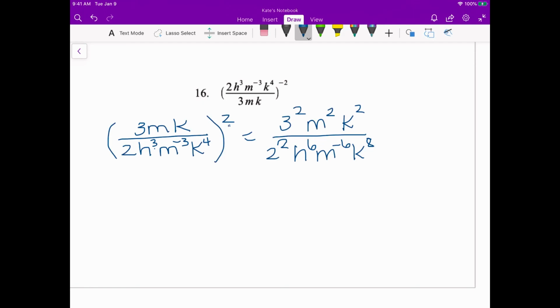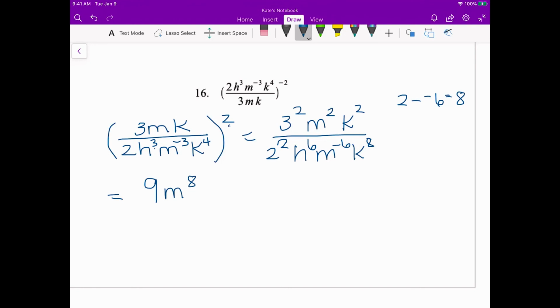Then I can start to simplify. So on the top, 3 squared is 9. And then I have m squared on the top and m to the negative 6 in the denominator. So since I'm dividing, I subtract my exponents. And 2 minus a negative 6 is equal to a positive 8. So this would be m to the 8th.